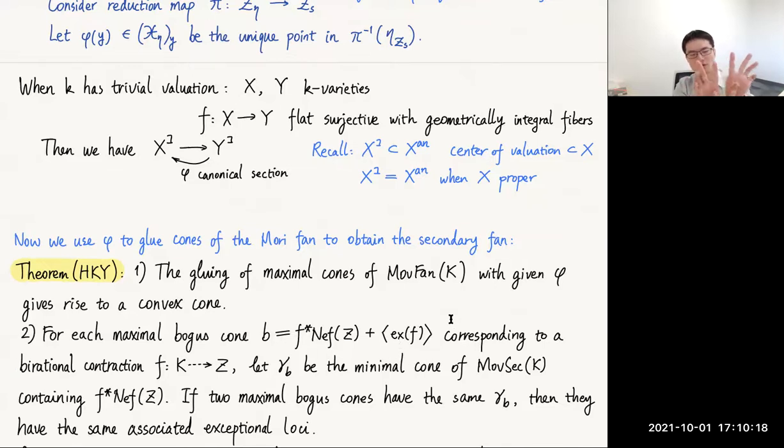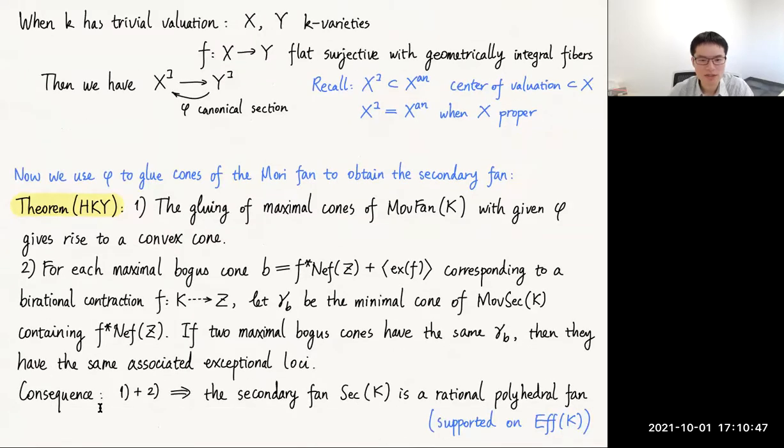So if they are glued together, they will just induce a gluing outside of it. So it will not happen that we have two maximal cones with different exceptional divisors, with things going in different directions, and then we are gluing them at the boundary of the moving part. This doesn't happen.